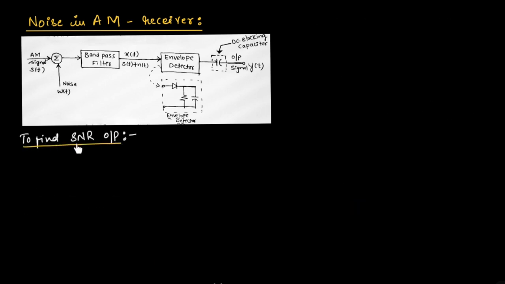Then we need to find the signal to noise ratio of the output. For that, I am considering the equation which is going to be passed through the envelope detector, which is x of t equal to s of t plus n of t. n of t is the narrowband noise.